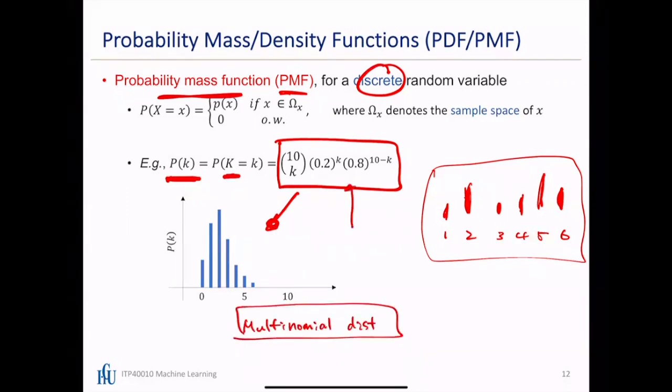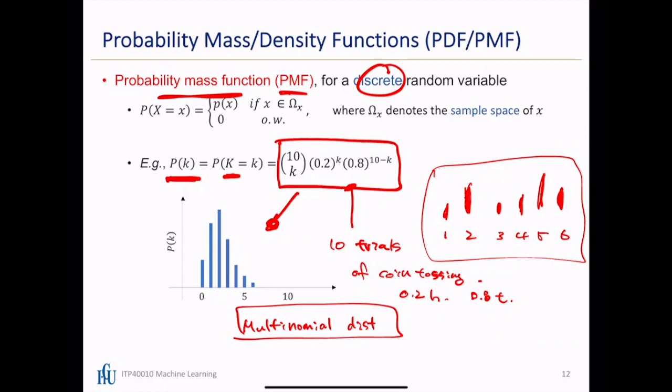This exact example specifies that you have 10 trials of a coin toss. The coin is biased, so you may see 20% head and 80% tail.